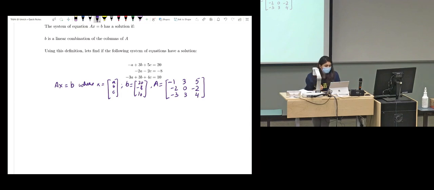So, I want you to prove that B is a linear combination of the columns of A, which means B can be written down as alpha 1 times the first column of A. So let's first write that down.